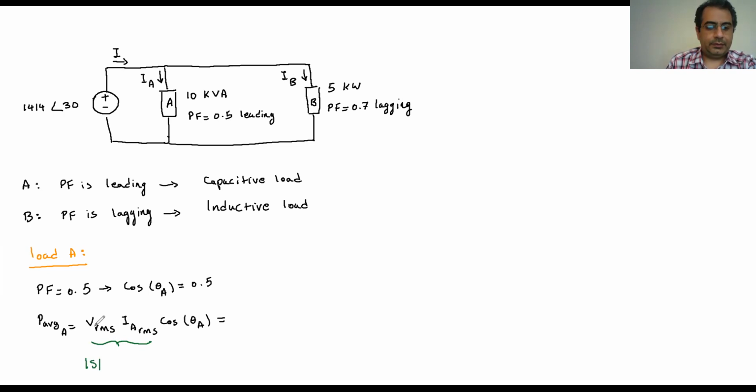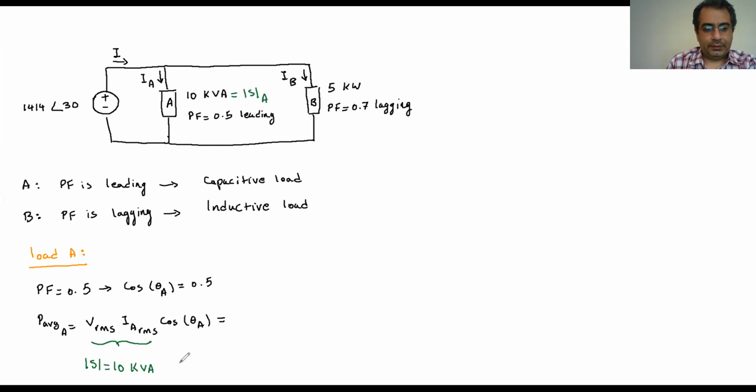If you look at the A, the apparent power is 10 kVA. So this is the S_A, because of the unit, we know that's the apparent power.